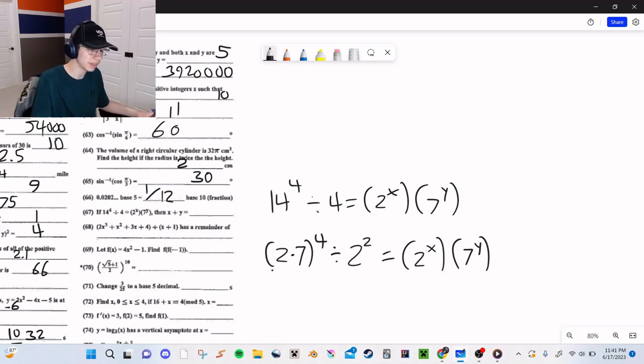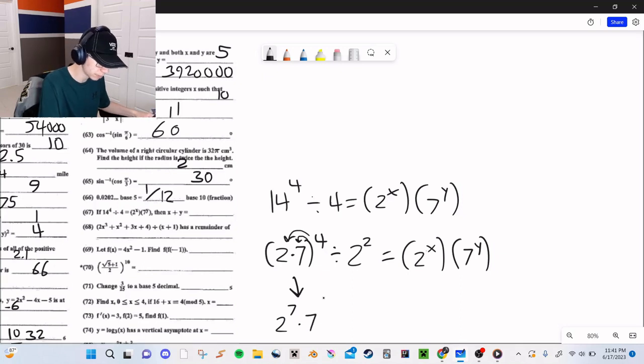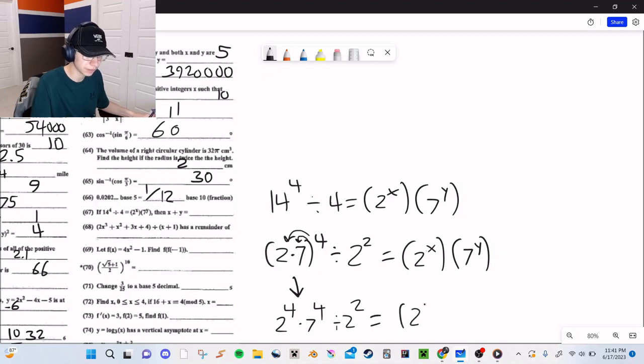Now I can simplify this part. I could distribute that 4. This is equal to 2 to the 4th times 7 to the 4th divided by 2 squared, and that's equal still to this expression here on the right hand side.